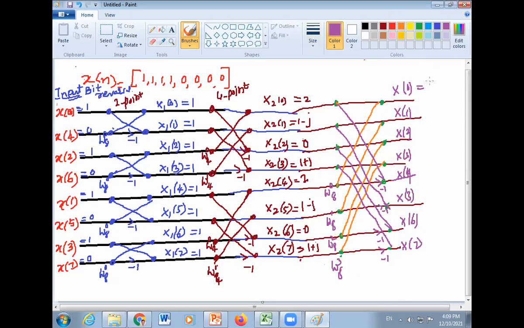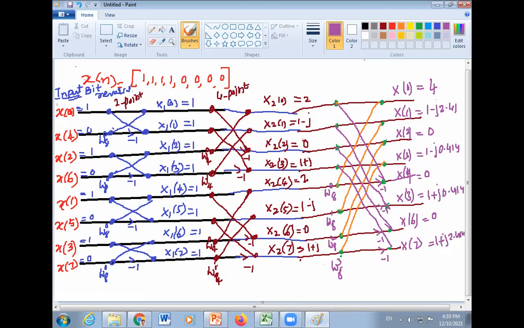The answer for this is 4, then 1 minus j 2.414, then 0, then 1 minus j 0.414, then 0, then 1 plus j 0.414, then 0, and lastly 1 plus j 2.414.